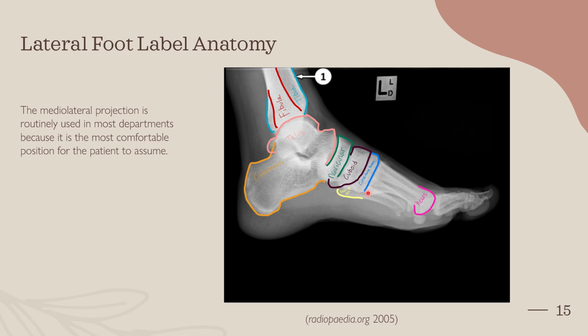We can see the base of them here, and then our base of the fifth that we talked about earlier in the Jones fracture, and then we have our heads superimposed at the bottom. Our tidbit for this one is the mediolateral projection is routinely used in most departments because it is the most comfortable position for the patient.